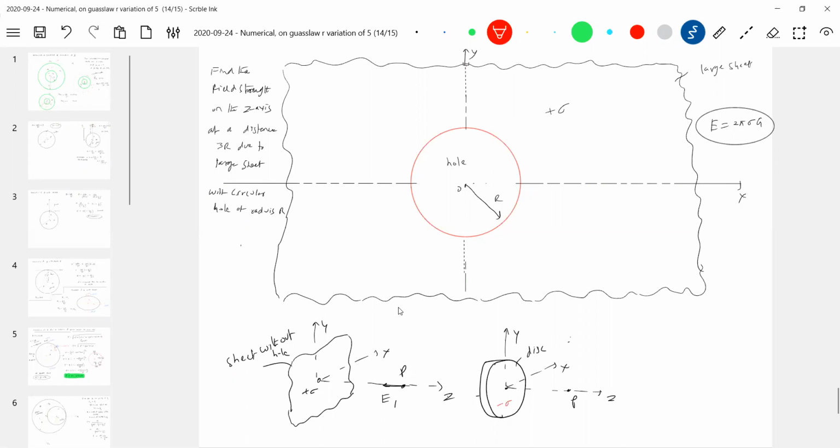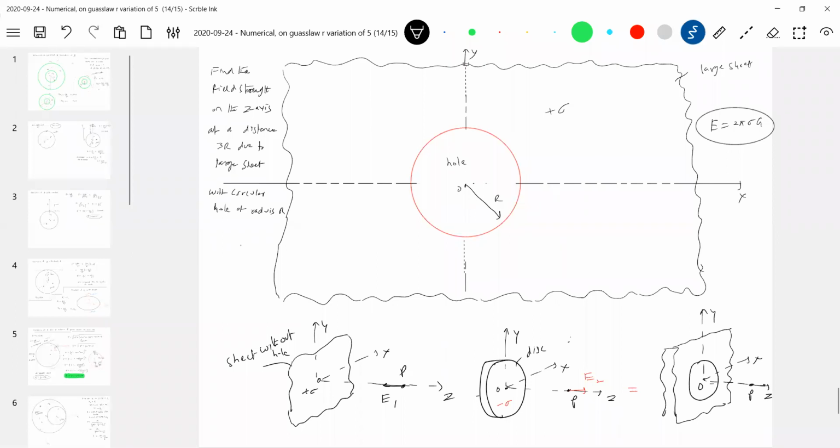Now the field due to this should be directed away, no? Call it E2. If you take the superposition of these, you get a sheet with a hole. It is just the same logical thinking, you have to keep exploring, nothing big. So this resultant field is what is being asked here.